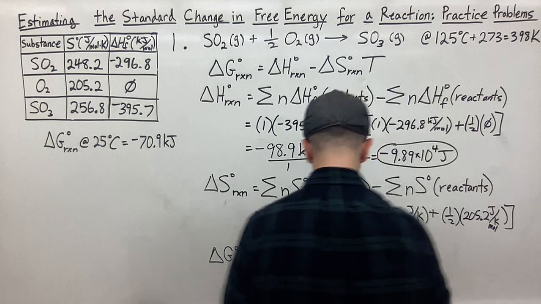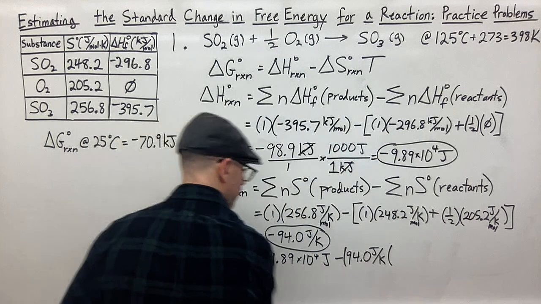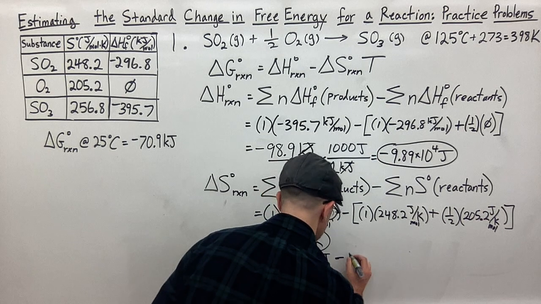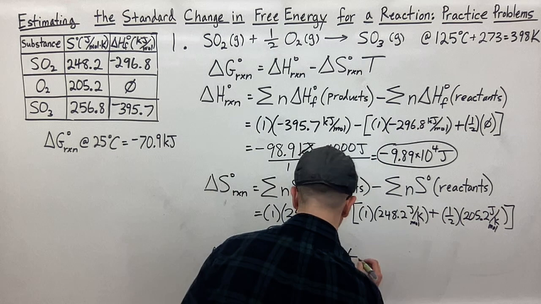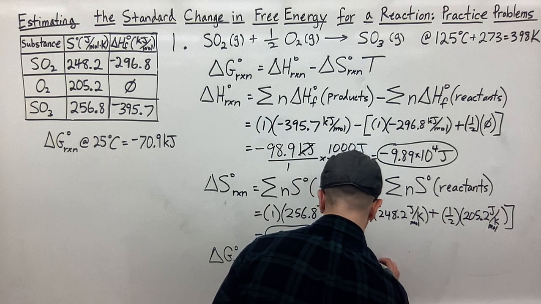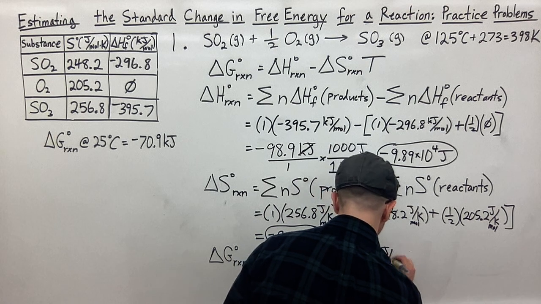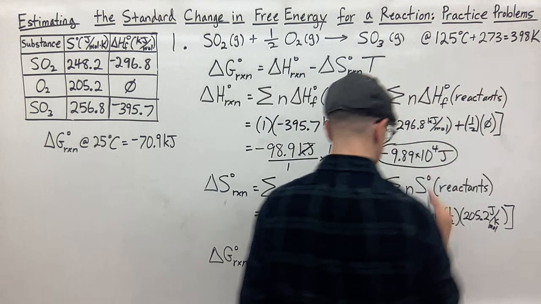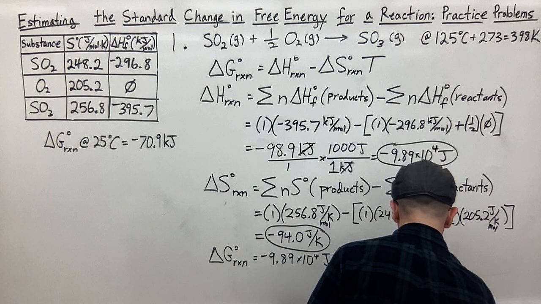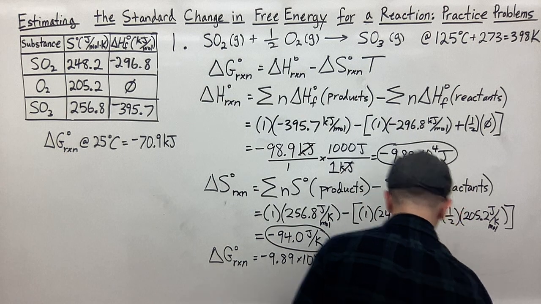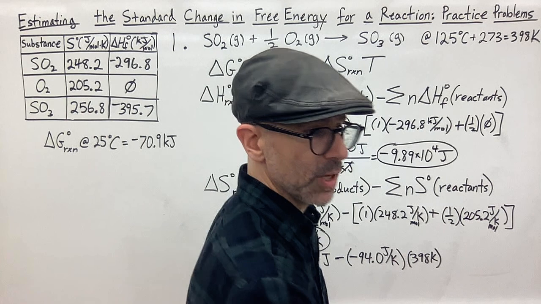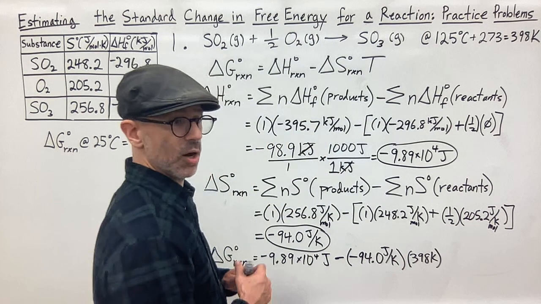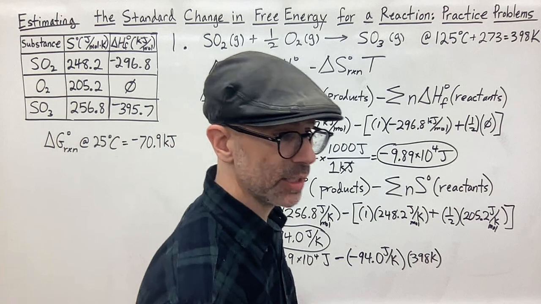So again, let me fix this to make it clear. We're subtracting, but then this is negative, so negative 94.0 joules per Kelvin. We're multiplying that by the temperature, 398 Kelvin.